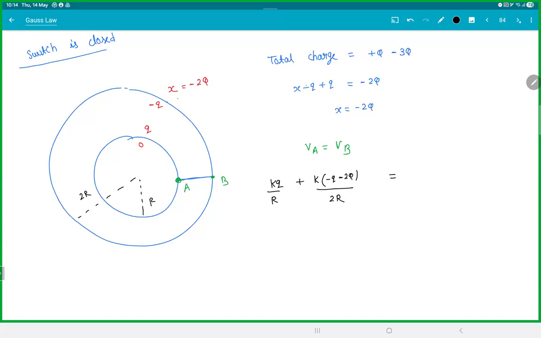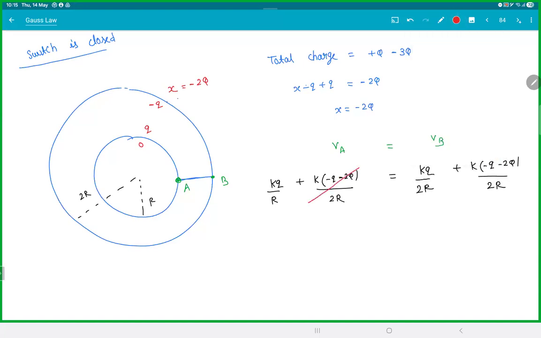This is equal to the potential at B. Now for this small q, where is B? Outside the shell. So what is the formula? KQ by distance. For these two charges, where is point B? On the surface. So the formula is K times minus Q minus 2Q by 2R. That's the potential at B. This is the potential at A and this is the potential at B.